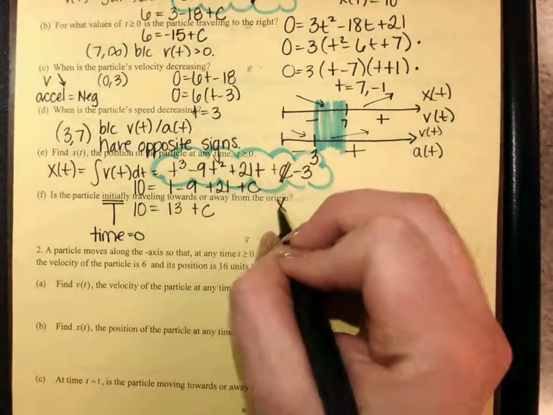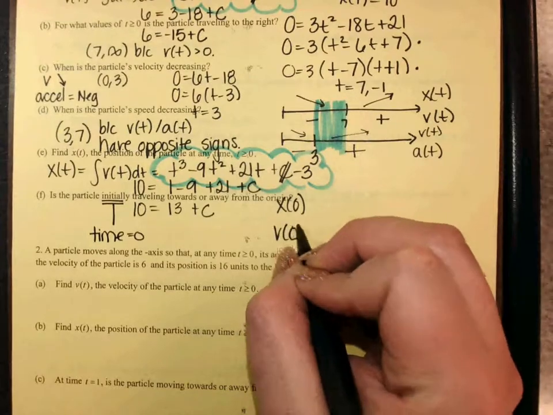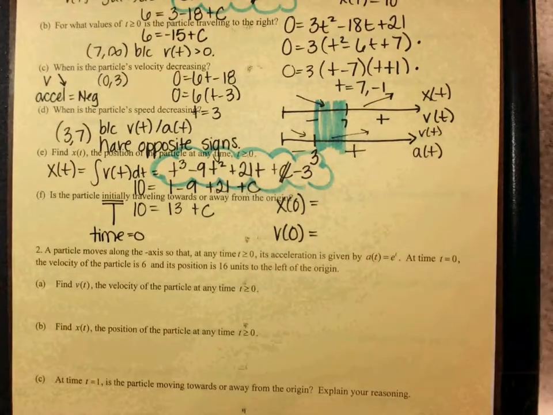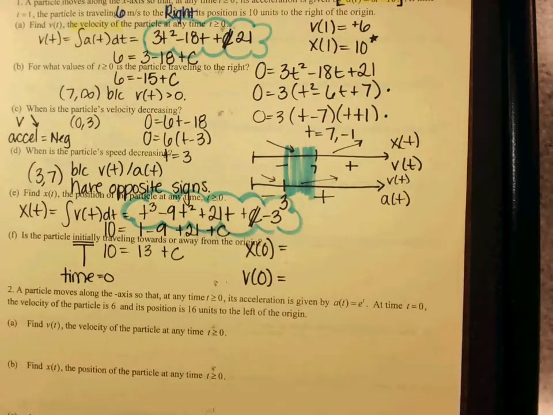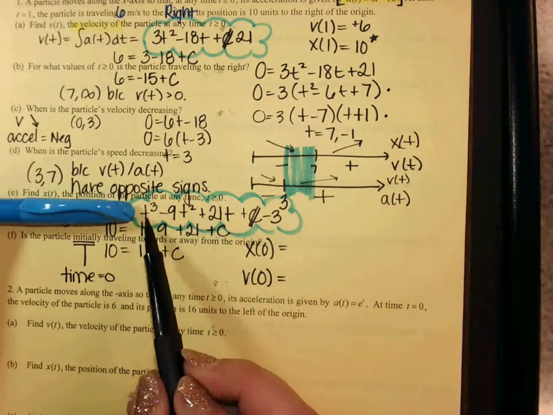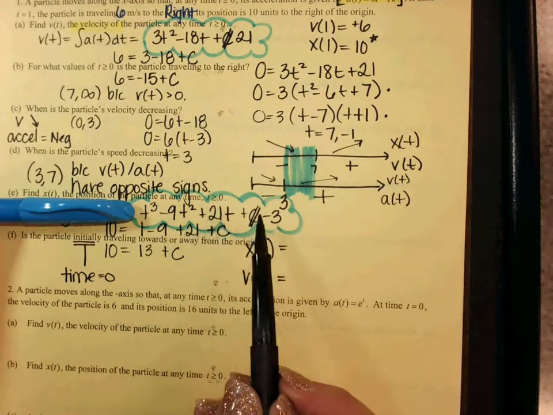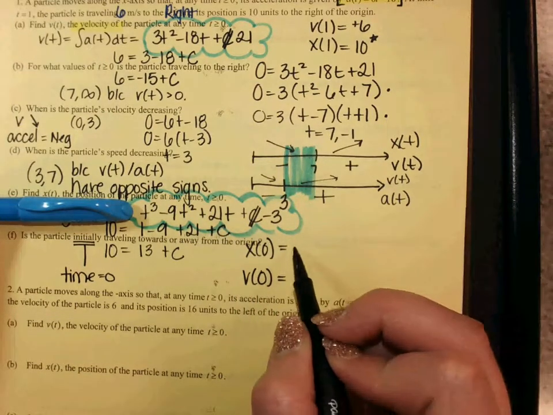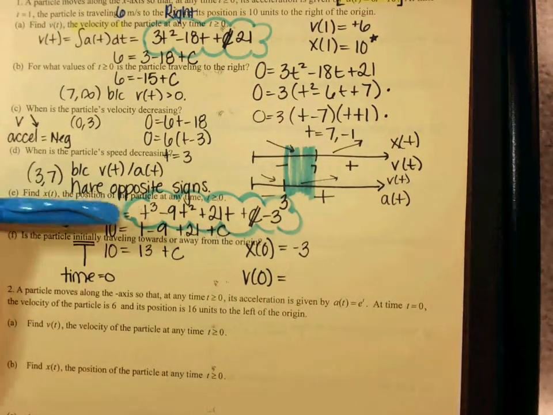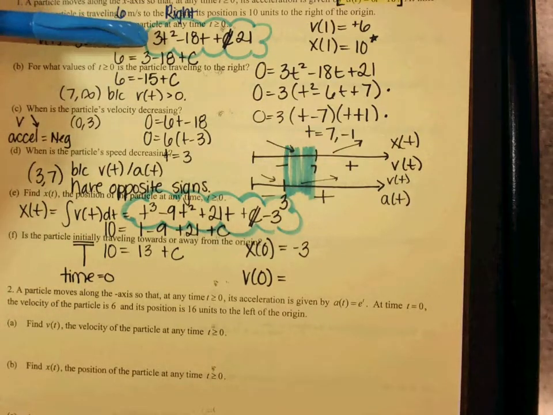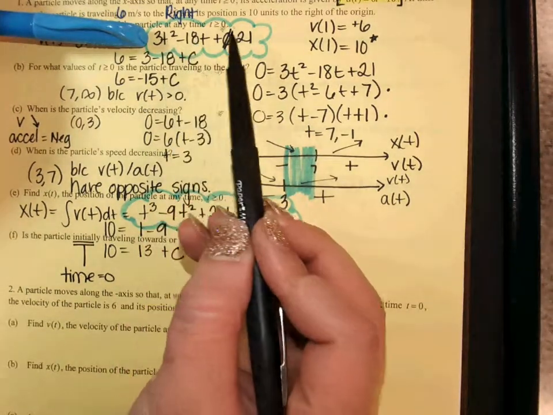So we're going to find x of 0 and v of 0. Okay, and remember 0 is easy to plug in because most everything crosses out. X is here, so I'd have 0 minus 0 plus 0 minus 3. What would I get? Negative 3. Okay, then come up here, we're looking at this one. Okay, we'd have 0 plus 0 plus 21.